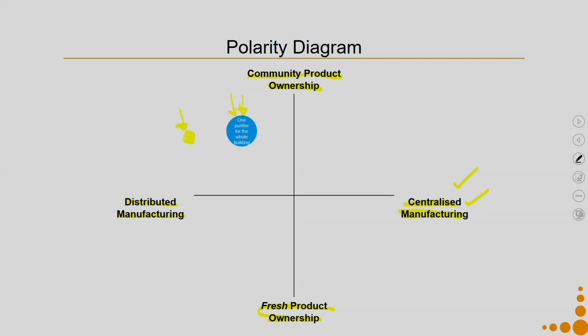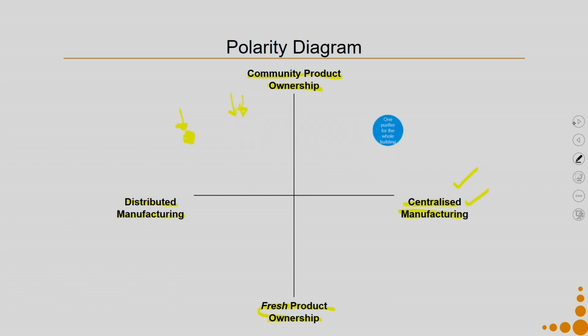I might also realize that for certain aspects, I will need certain kinds of training. Say when I say one purifier for the whole building, community ownership, distributed manufacturing, it means the design will be released by Fresh to everybody. When I have such a design scenario, I also have to think how Fresh is going to make money. So, my document will contain all those ideas on how these problems will be solved.